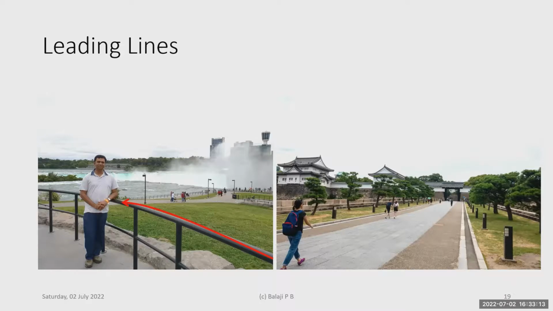And if you see the image on the right, I think this is an image photographed by me in Japan. Here you can see several leading lines. The road, the canals along the road, the row of trees, all point towards the subject of the image, which is the doorway in this case.